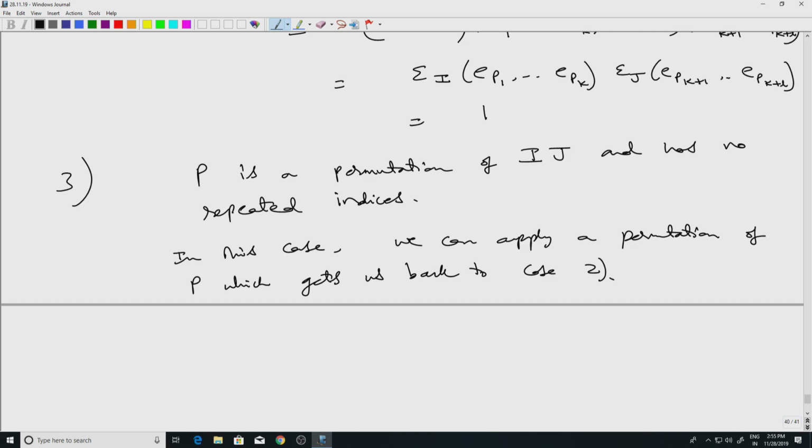So if P is a permutation of ij, in other words, in our notation, I'm assuming that P is ij sigma.